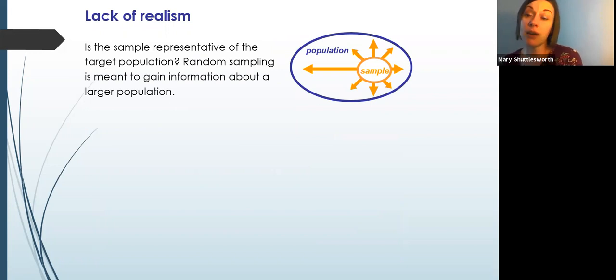To do that, of course, our sample has to be representative of the population. So remember, for your sample to be representative, it has to be similar to the overall population in those important characteristics. These are typically demographic factors. Depending on what you're studying, it might be risk factors, medical conditions, all of those things.